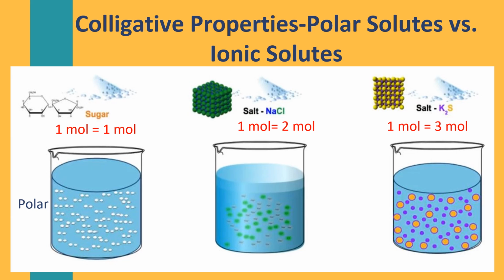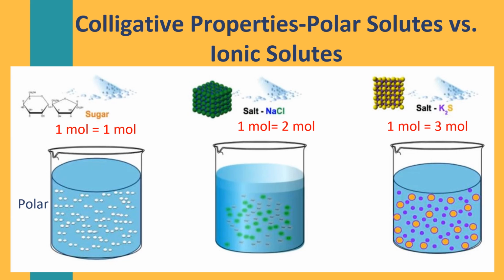So it is important to understand that if an ionic compound dissolves, it's going to dissociate and break apart. It's going to produce more moles, and therefore it's going to have more of an effect on the boiling point and the freezing point of that solution compared to a polar substance.